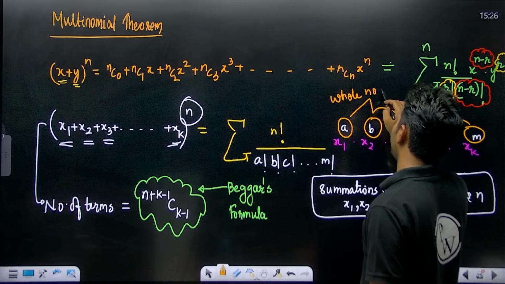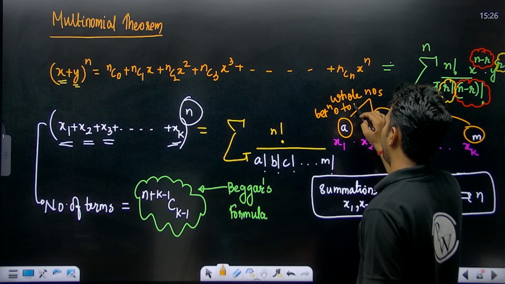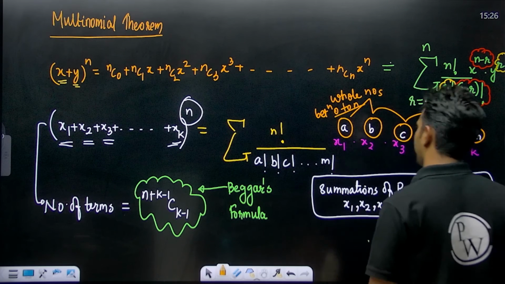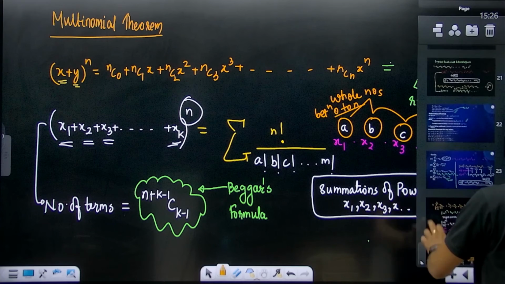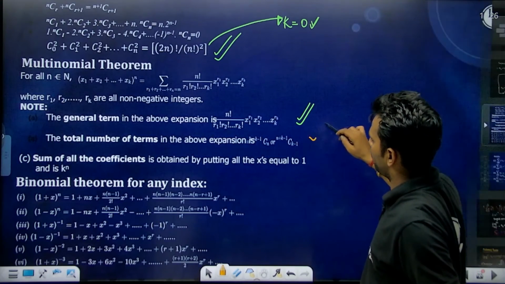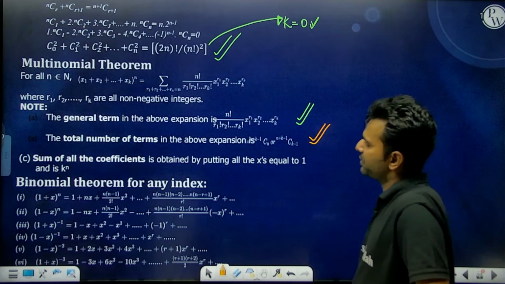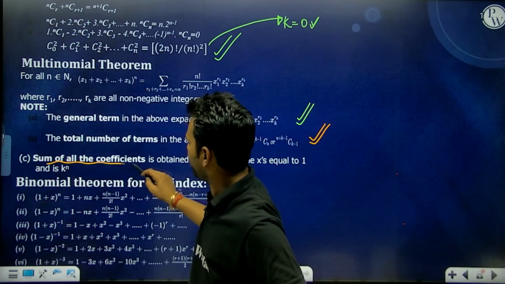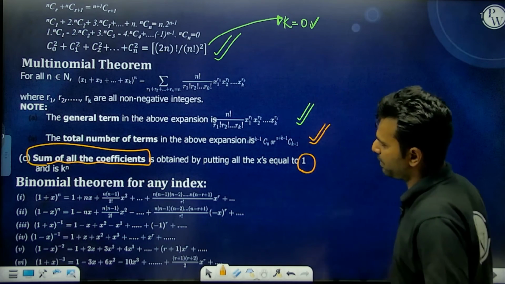Whole numbers between 0 to n, including 0 and n as well. So the general term, I hope, is clear to you guys. The total number of terms formula is clear to all of you, and the sum of all the coefficients can always be found out by putting all the variables equal to 1 only. So you must remember this as well.